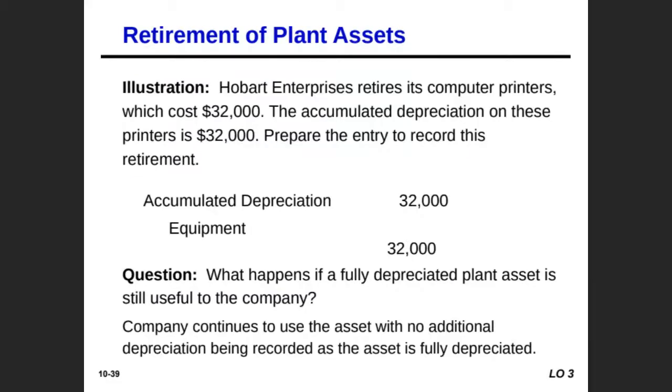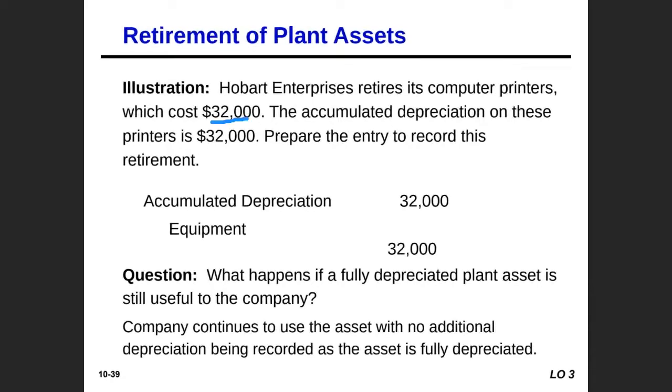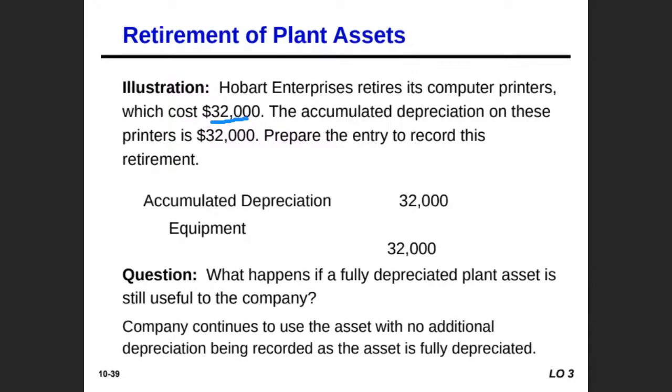See here, Hobart Enterprise retired its computer printers, which cost 32,000. Accumulated depreciation is 32,000. Prepare the entry to record this retirement. Before this entry, your balance is like this. Remember your T account.